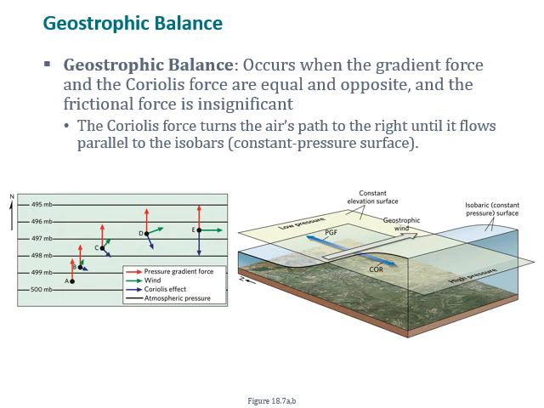The geostrophic balance occurs when the pressure gradient force and Coriolis force are equal and opposite, and the frictional force is insignificant. In this case, the Coriolis force turns the air's path to the right until it flows parallel to the isobars, or the constant pressure surface.